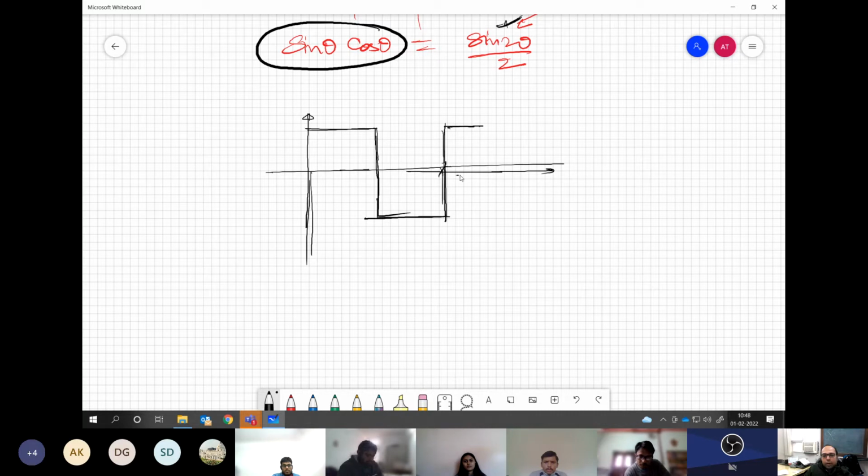Up to pi you have plus VDC by 2, and then for the other half interval you have minus VDC by 2. When you see that it is balanced, obviously you can say that the average value is going to be 0, whether you integrate and get it or whatever way. Just by observation you can say yes, because this is balanced, so the average value is going to be 0.